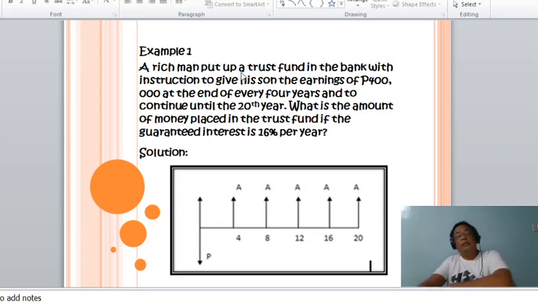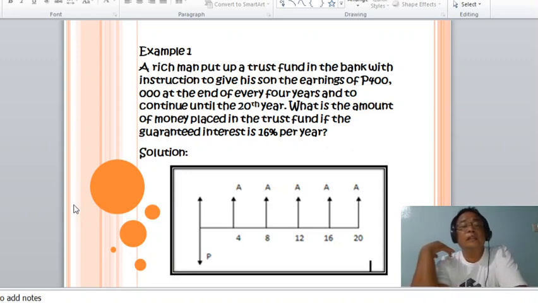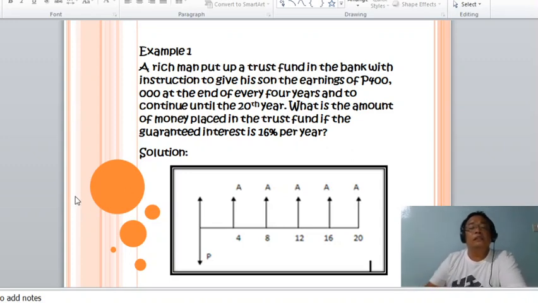Okay? So, let us now draw the cash flow diagram. Here, we have the present amount. So, going downward, since the money, of course, is put in a trust fund. So, that is going down. And then, the amount that might be received by the son is going upward.